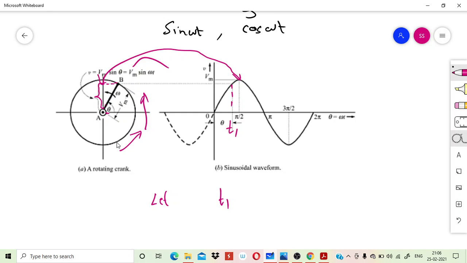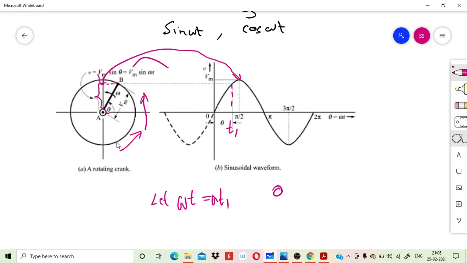Okay, and similarly at theta, this is time. We have considered the time t equal to t1. When you are considering the angular angle, then you have to just multiply with omega.